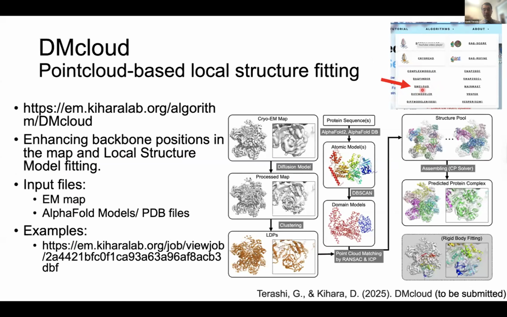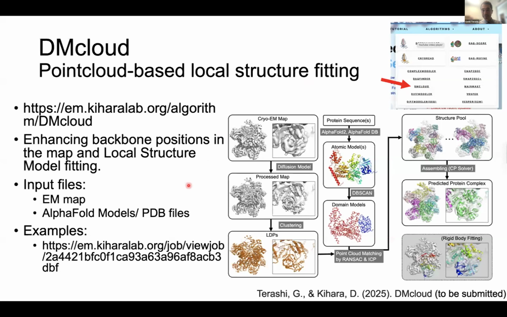DM Cloud is using diffusion models, but instead of using the density map directly, it converts it to a point cloud. So the density map is converted to a point cloud, and the atomic model is also converted to a point cloud. Then, using the computer vision architecture, it compares them with a point cloud matching method, then builds the entire structure.